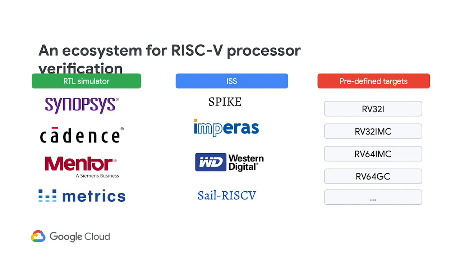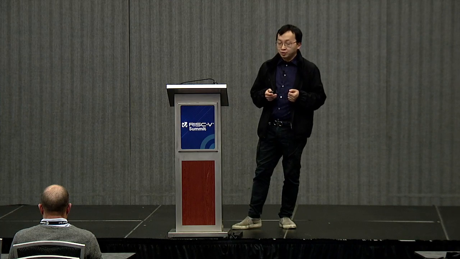On the ISS side, we support Spike, Imperas OVPsim, the SweRV ISS from Western Digital, and the Sail RISC-V model. It takes me about one day of work to add another ISS or another RTL simulator. So if you want to use it and you have your own simulator, it shouldn't be too hard to do. And on the right side, there are some predefined targets, for the different variants of RISC-V I mentioned.